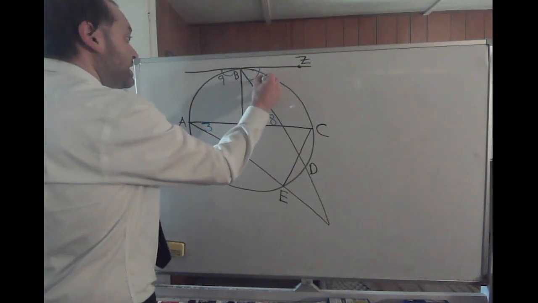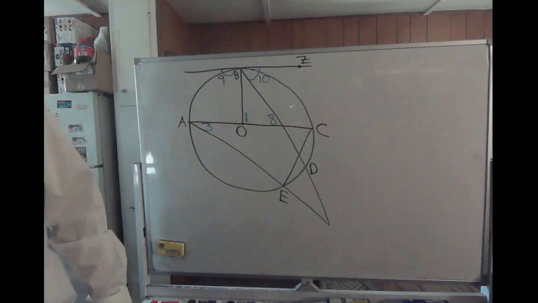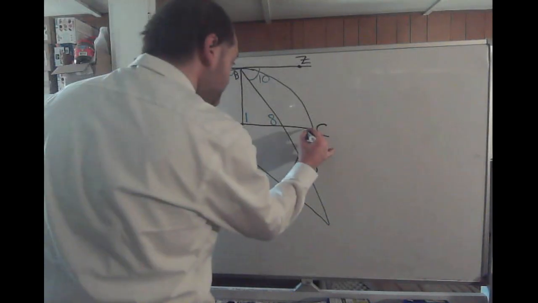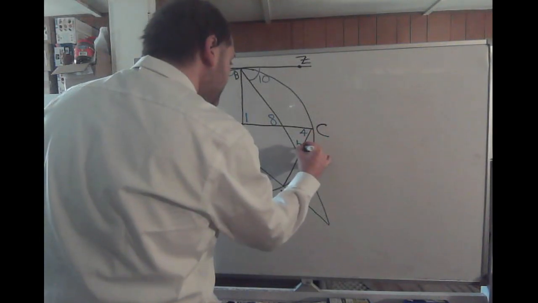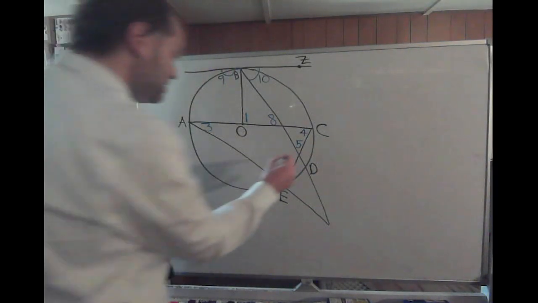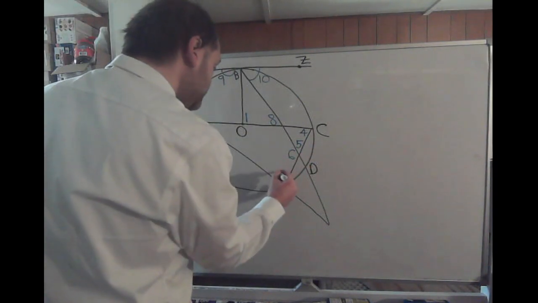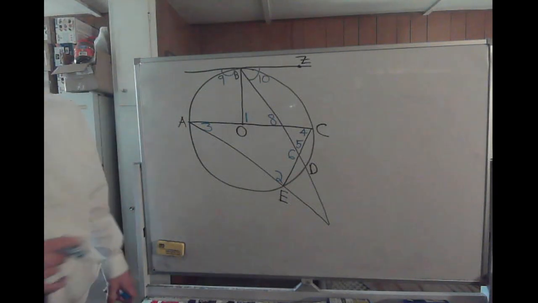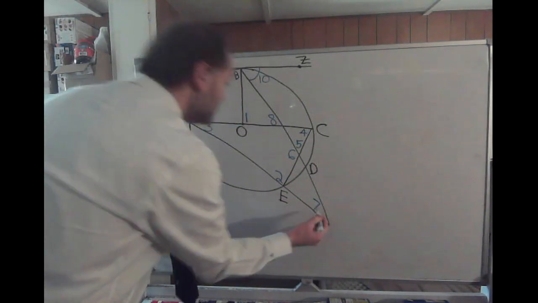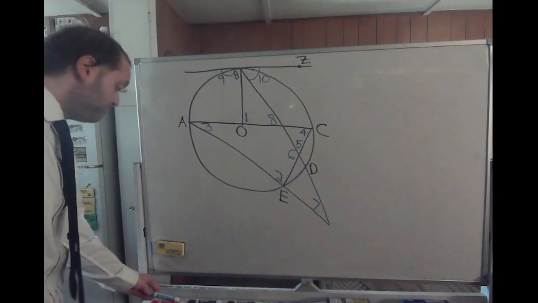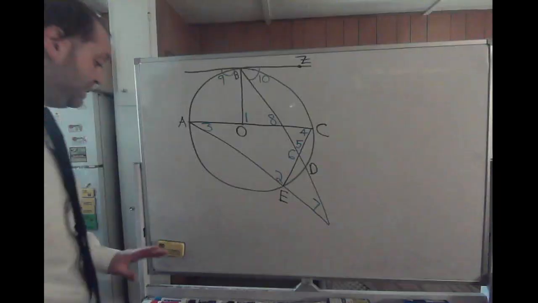Here's angle 10. Here's angle 4 and 5. Angle 6, angle 2, and angle 7. All right. So we just need to find 10 angles here. We need to find 10 angles.